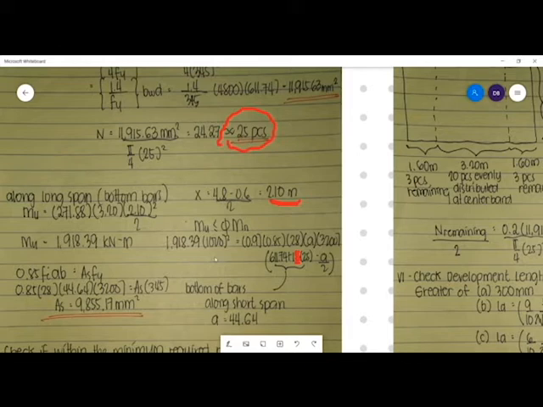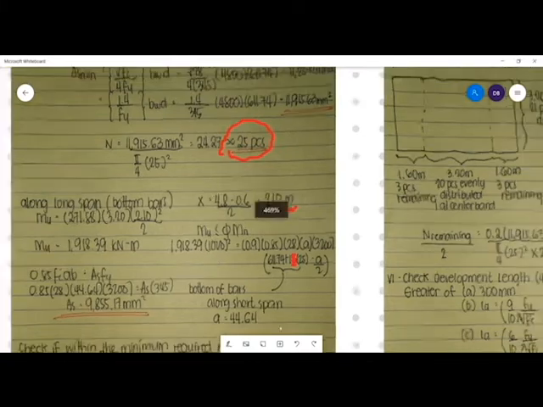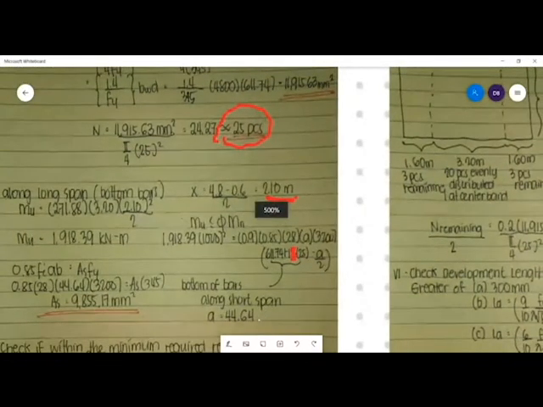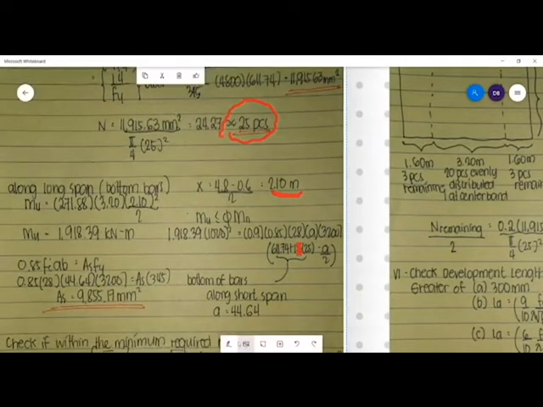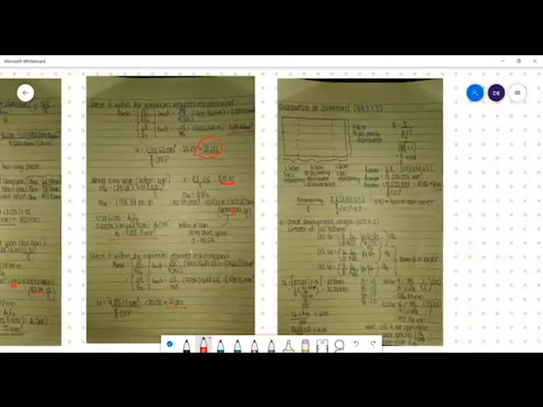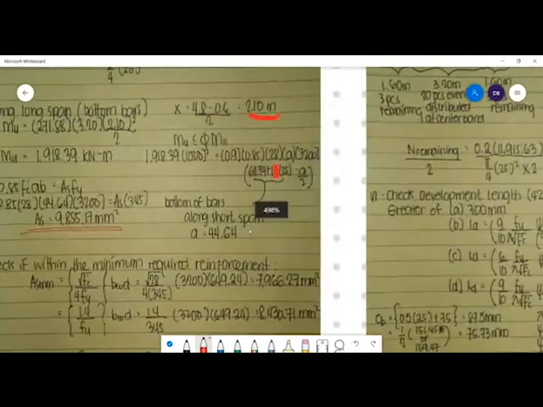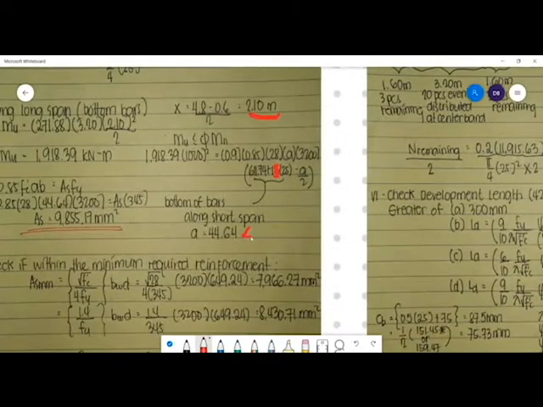We are able to get a value of a equal to 45.58 mm.